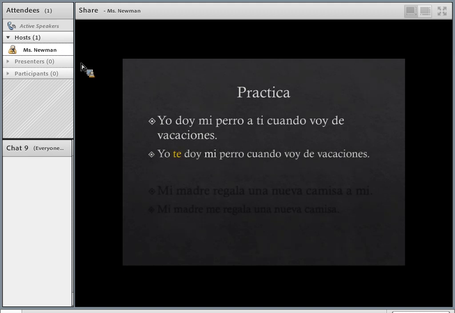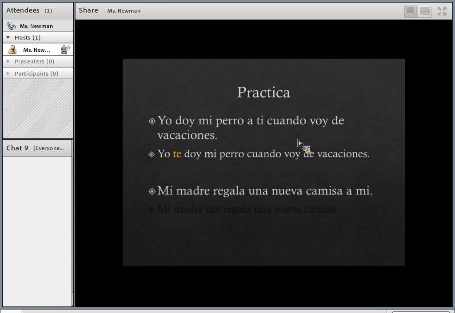Yo te doy mi perro cuando voy de vacaciones. Let's look at the next one. Mi madre regala una nueva camisa a mí. Let's think about this. What does she give to who? My mother gives una nueva camisa, a new shirt. That's the direct object. To who? To me. That's the indirect object. To me. So that becomes me. Mi madre me regala una nueva camisa.